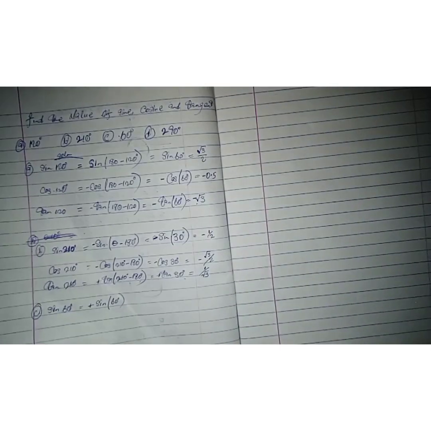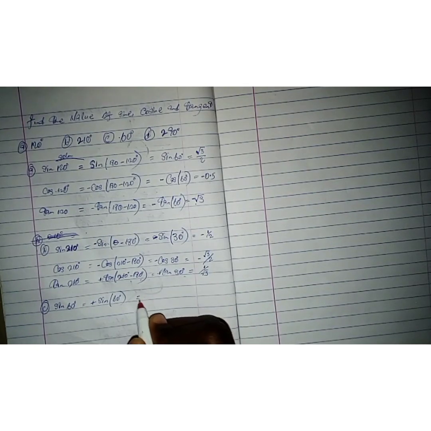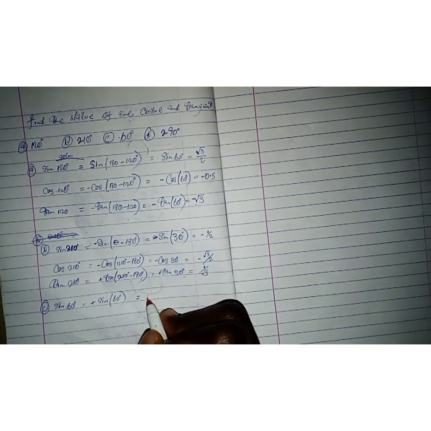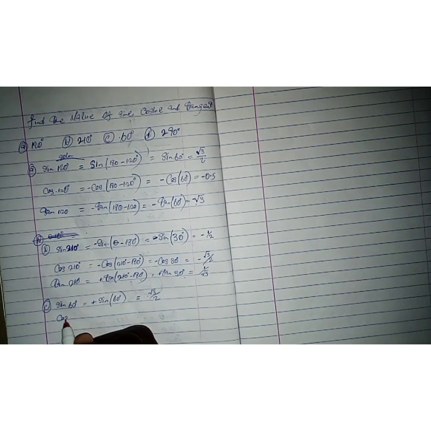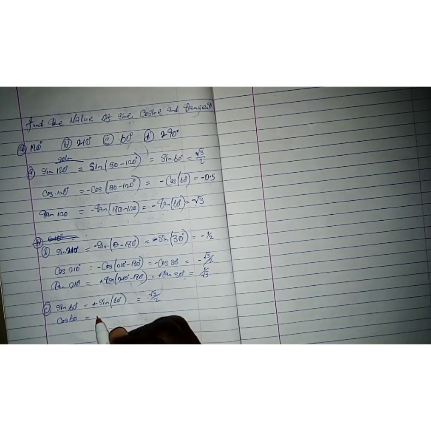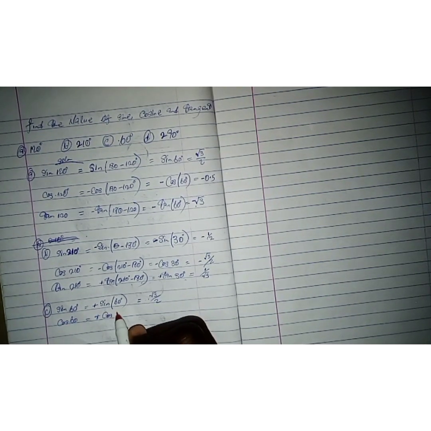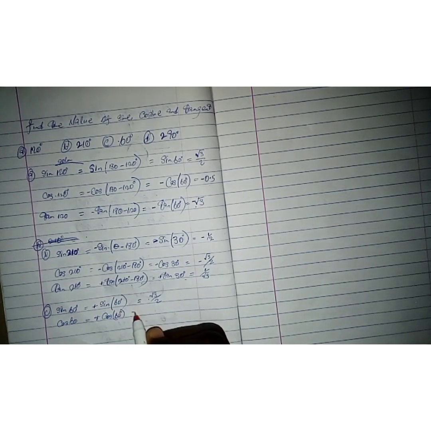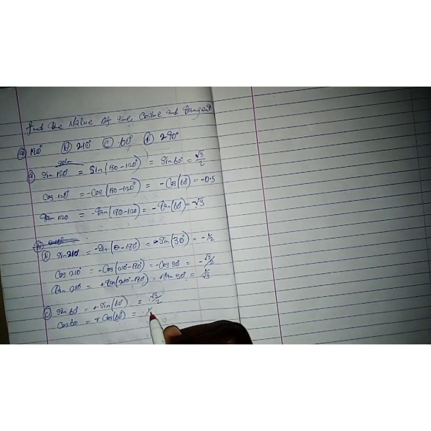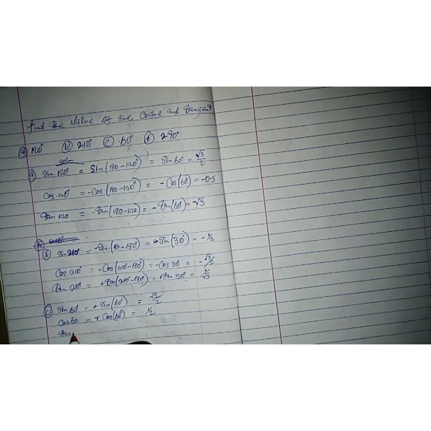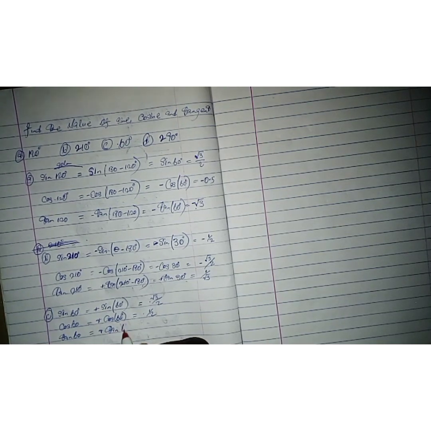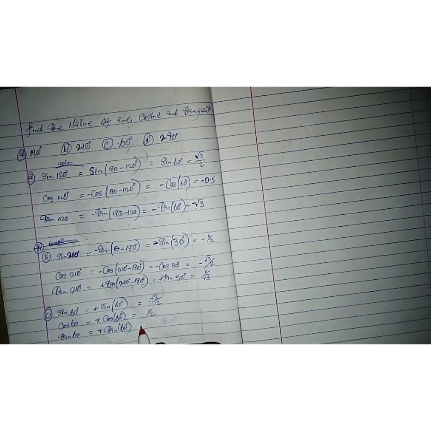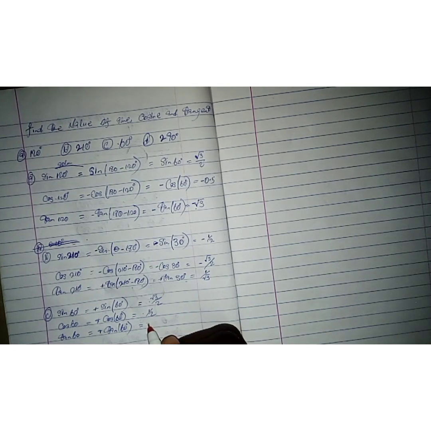So here this is square root of 3 over 2, and cos 60 degrees is positive cos 60 degrees, which is 1 over 2, and tan 60 degrees is positive tan 60 degrees, which is just square root of 3.